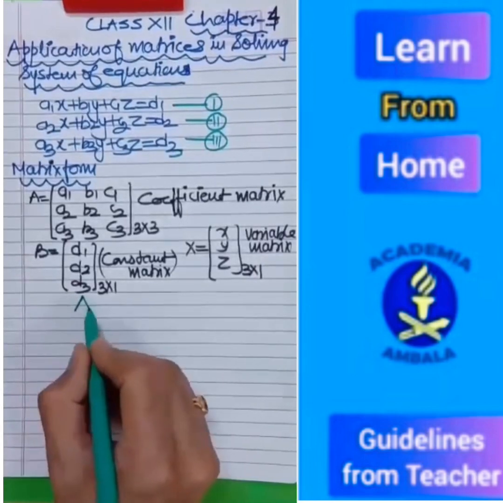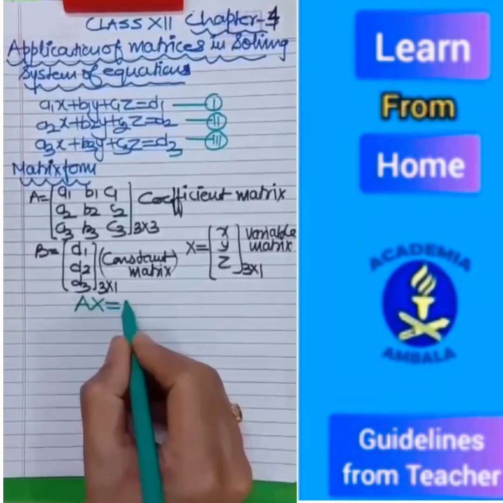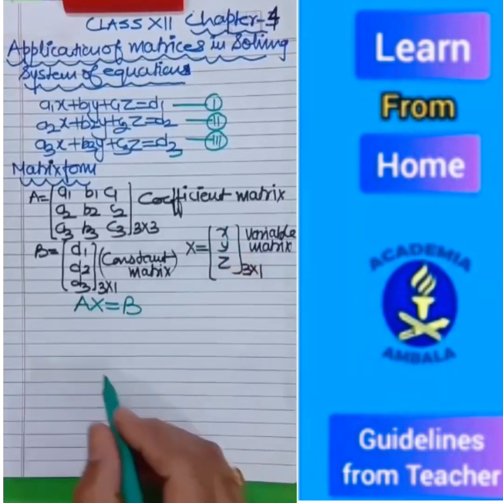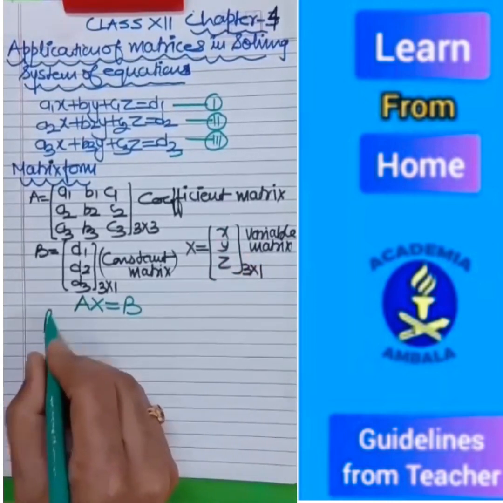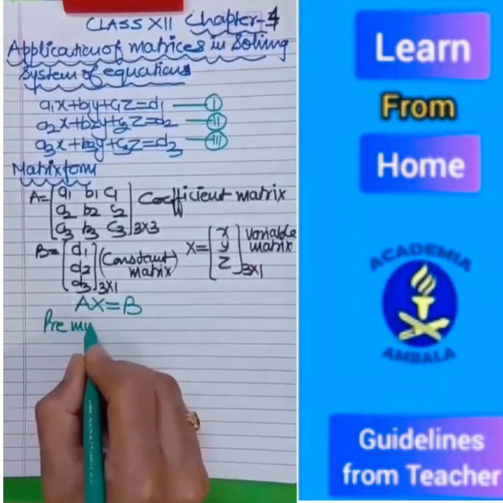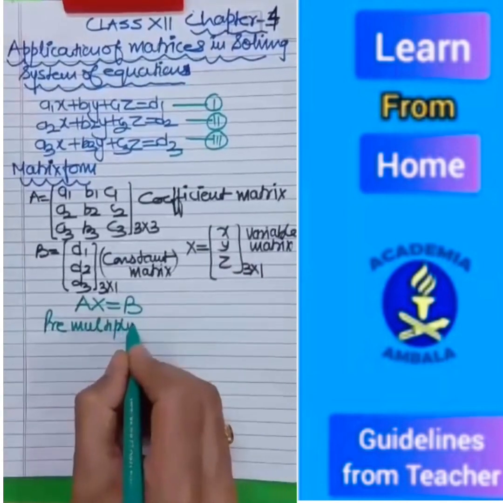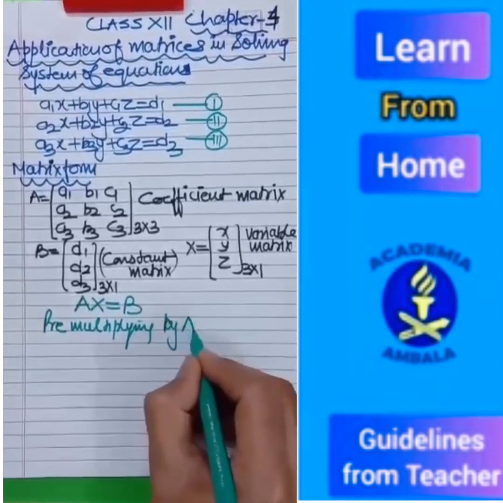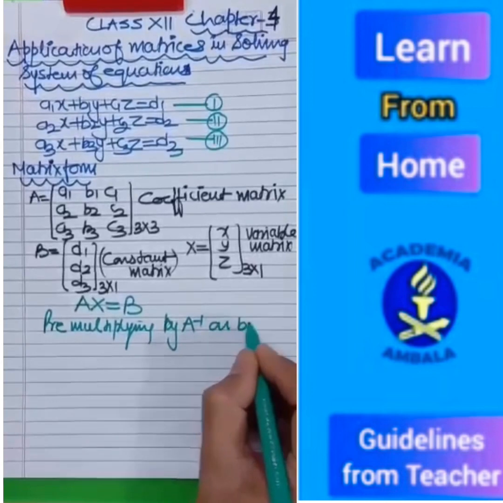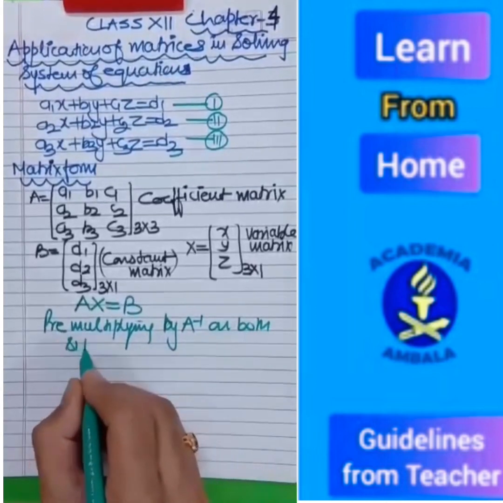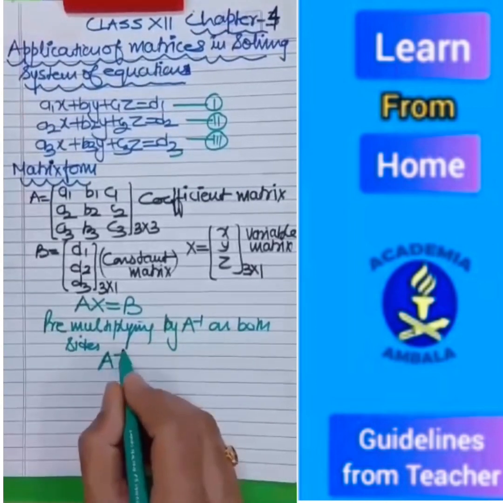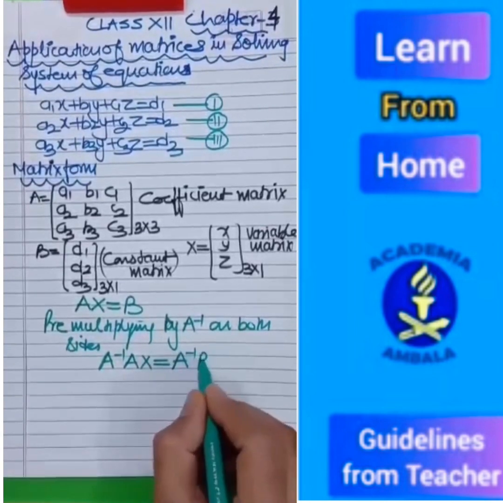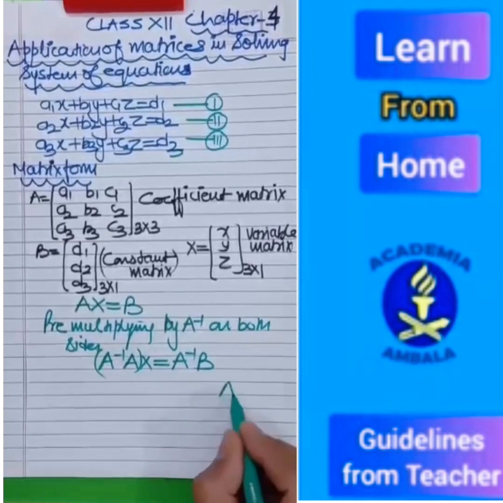In matrix form we can write AX is equal to B. Now clearly we have to find x, y, z for this system. What to do? Pre-multiplying by A inverse on both sides, we will get A into A inverse.